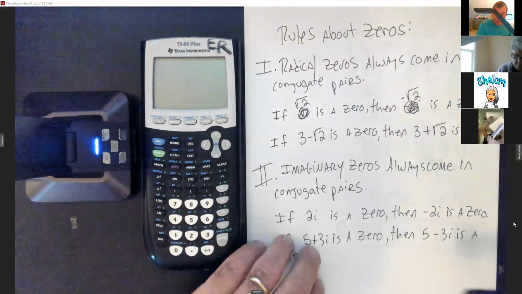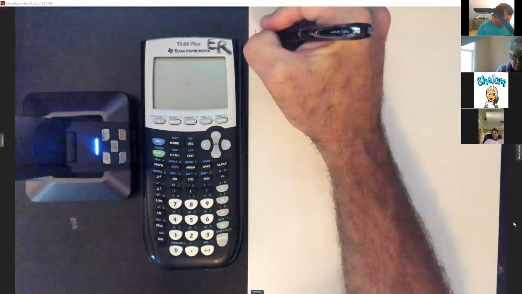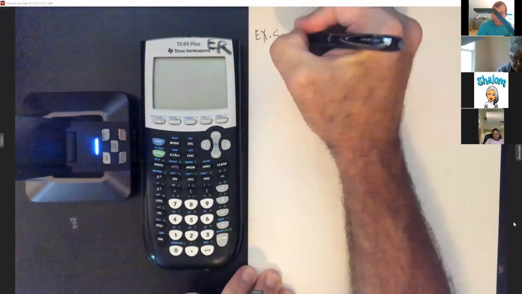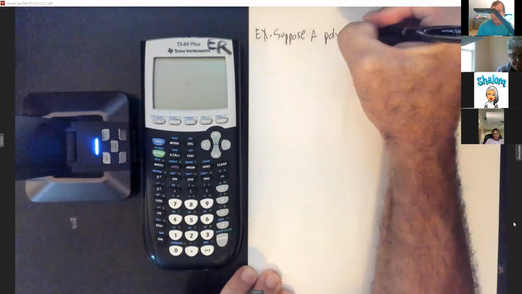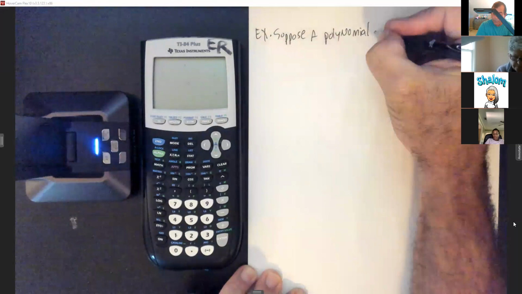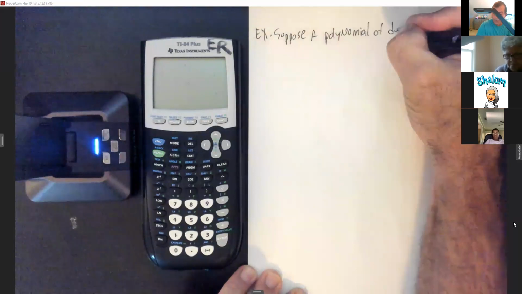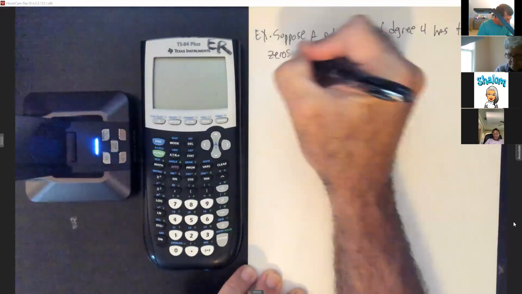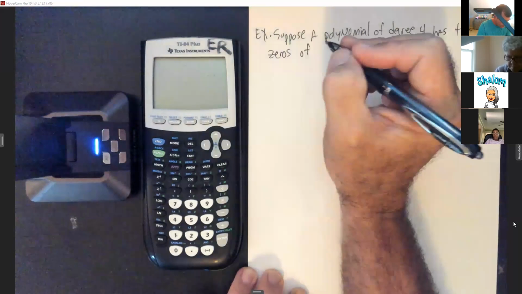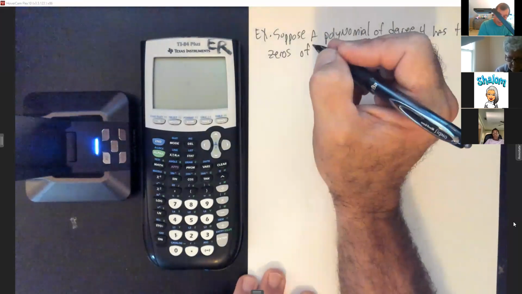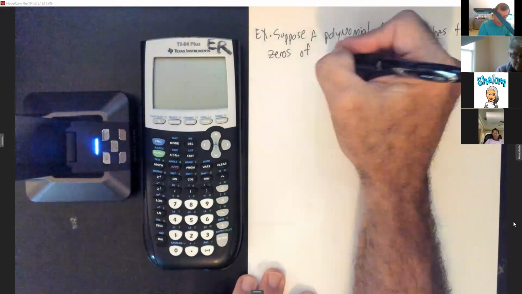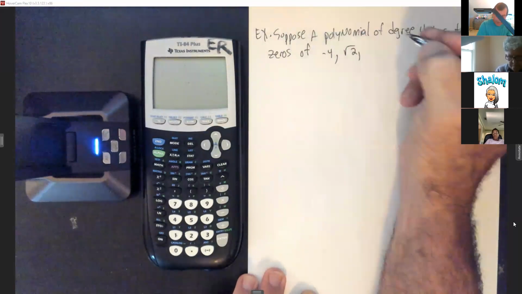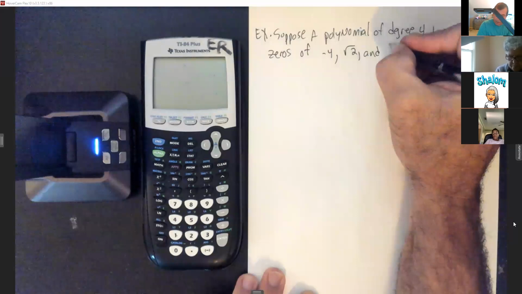Alrighty, so in these examples, suppose a polynomial of degree 4 has the zeros of -4, square root of 2, and 13/4.